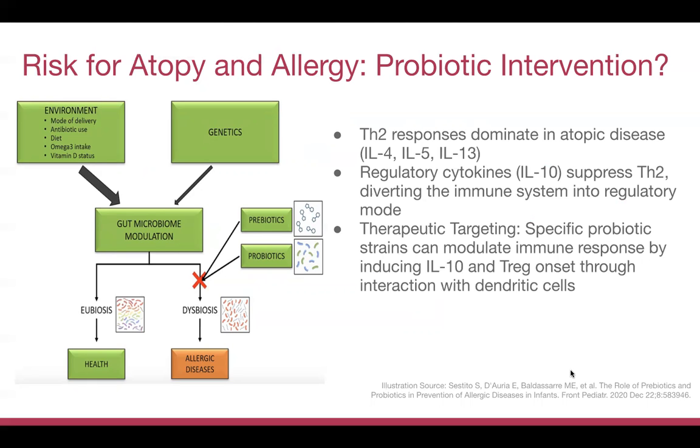Now, as you remember, atopy refers to the genetic tendency to develop allergic diseases. And these are diseases such as allergic rhinitis, asthma, and atopic dermatitis or eczema. Atopy is typically associated with heightened immune responses to common allergens, especially inhaled allergens and food allergens. And it is an exaggerated IgE-mediated immune response.